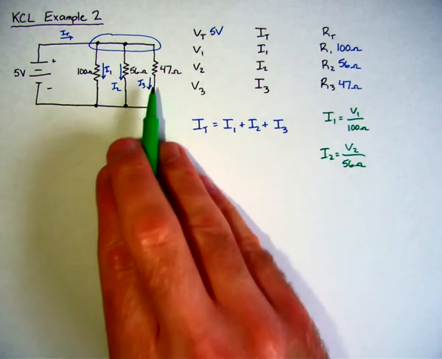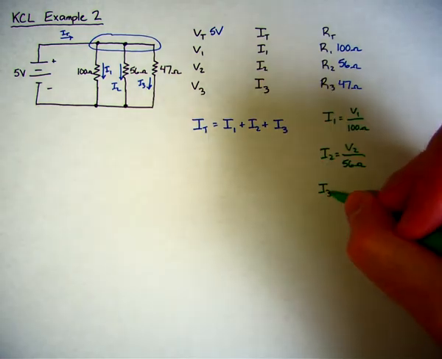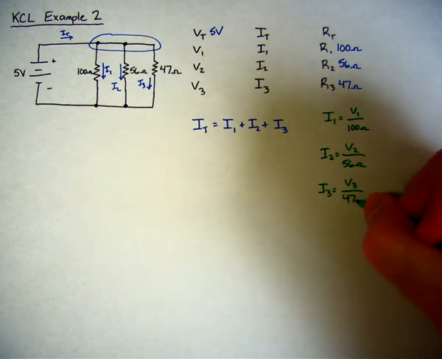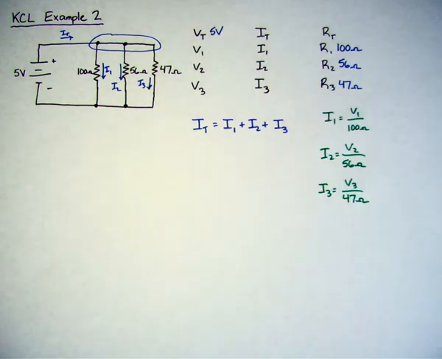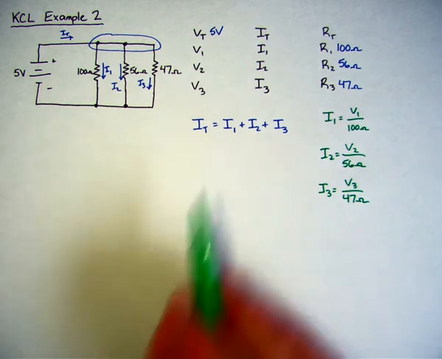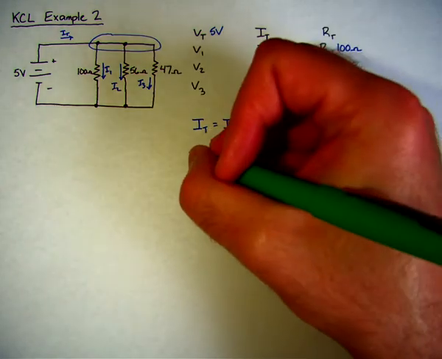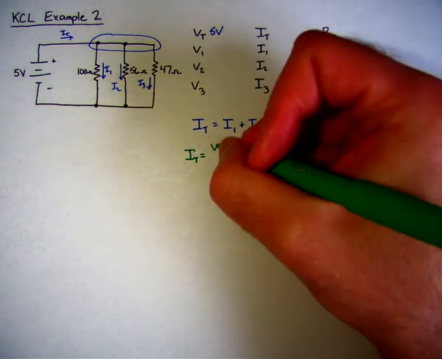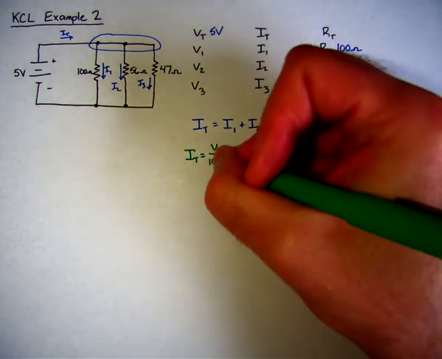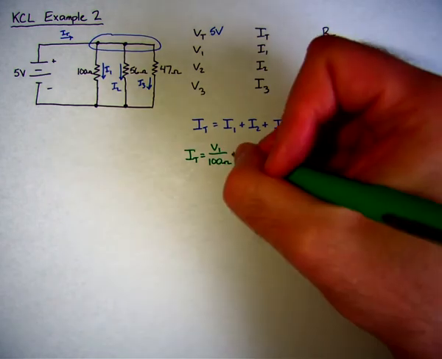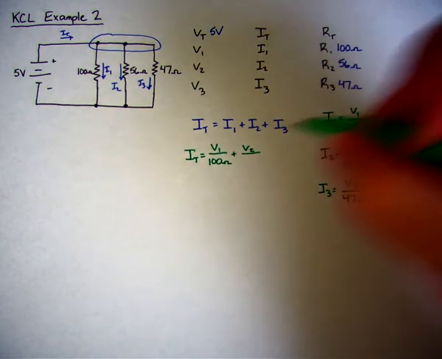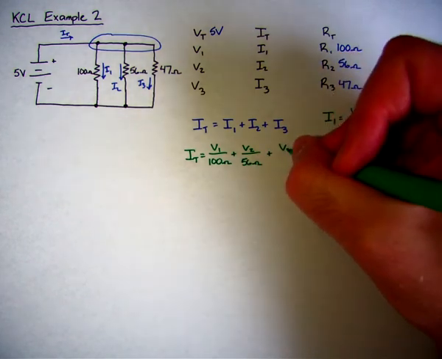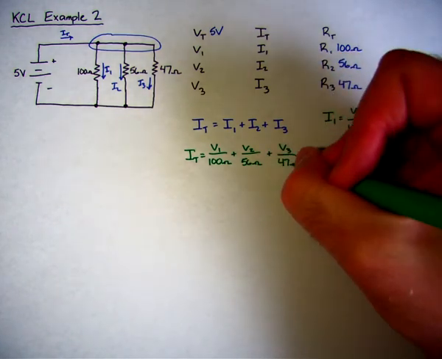And for I3, it's the voltage drop across that resistor divided by 47 ohms. And so if I substitute in, I have my total current is equal to V1 over 100 ohms plus V2 over 56 ohms plus V3 over 47 ohms.